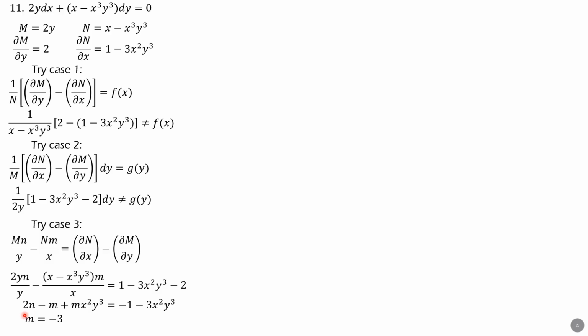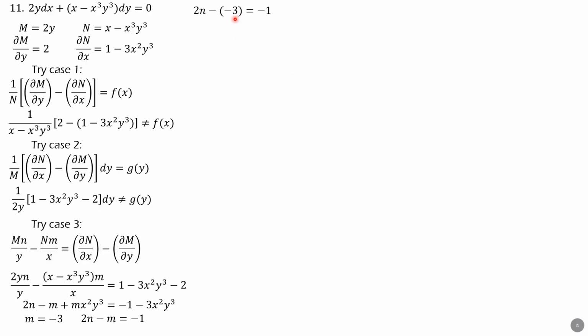And the constants: 2n minus m equals negative 1. Since we have already found m, 2n minus negative 3 equals negative 1.